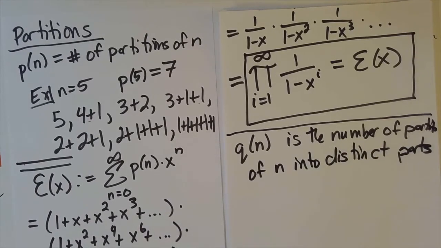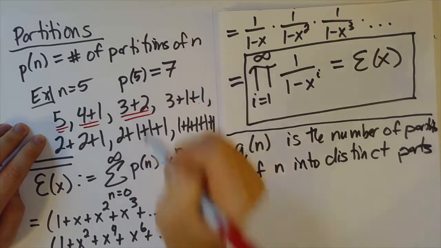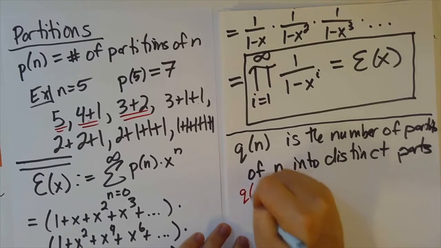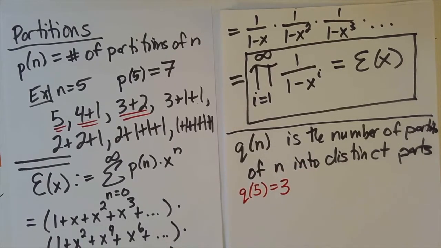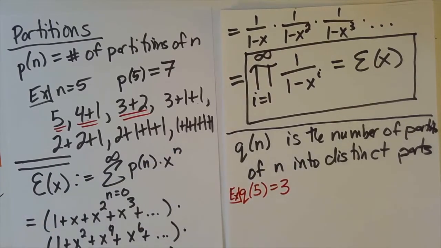So if you look back over here to the ones for 5, the ones with distinct parts are that one, that one, that one. And those are the only ones with distinct parts. So Q of 5 is 3, for example. And so this is saying I'm never using more than one of a particular number.